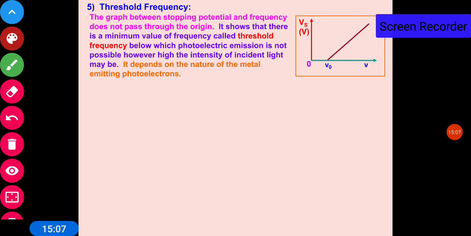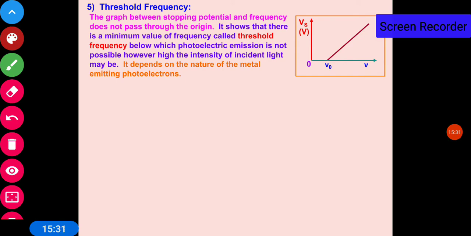So it was observed that for a particular metal there is a cutoff frequency below which, if the photon has energy, then the photoelectron cannot be emitted. Means a certain energy is required for a particular metal to eject its electrons. So such frequency is known as threshold frequency.